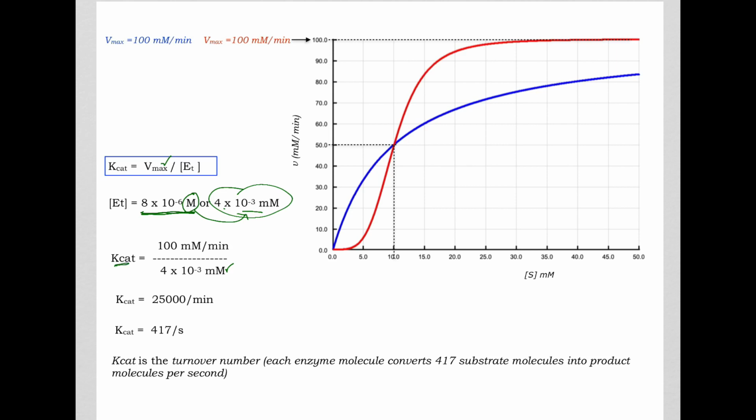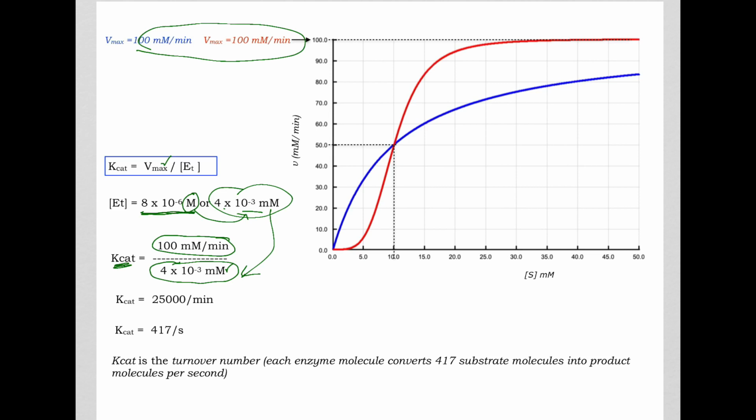Now we substitute these values and we can determine Kcat. Vmax was found to be 100 millimolar per minute for both cases, for the hyperbolic enzyme as well as the sigmoidal enzyme. Concentration of enzyme in each case was the same, 4 times 10 to the minus 3 millimolar.